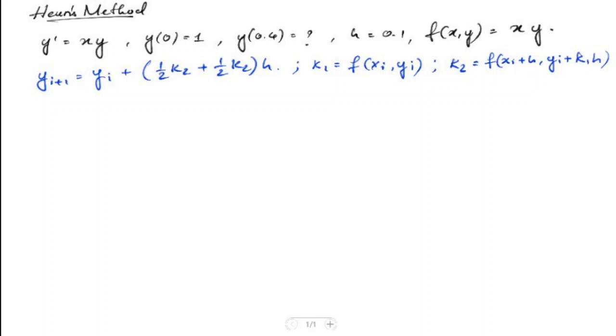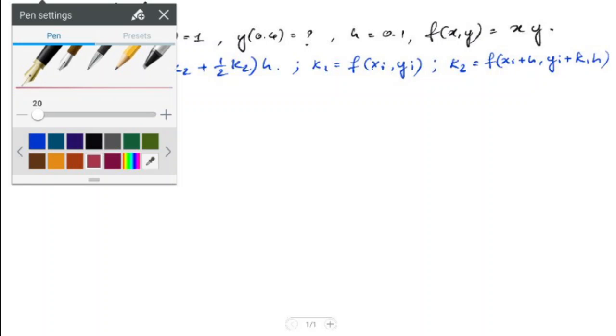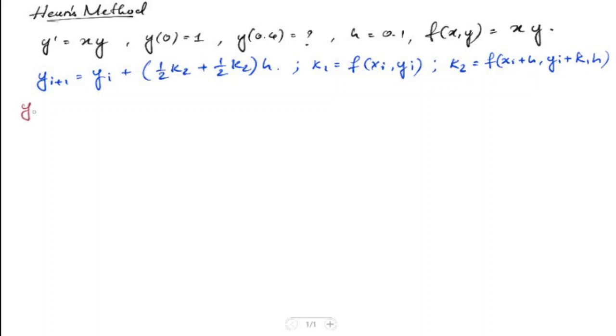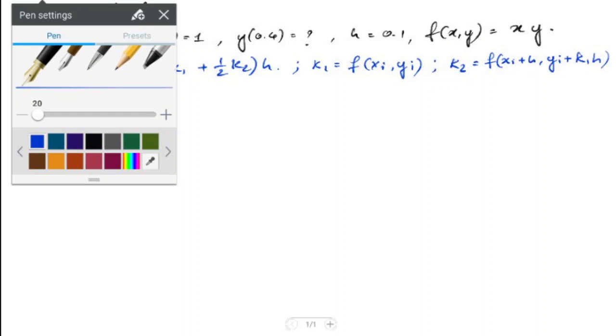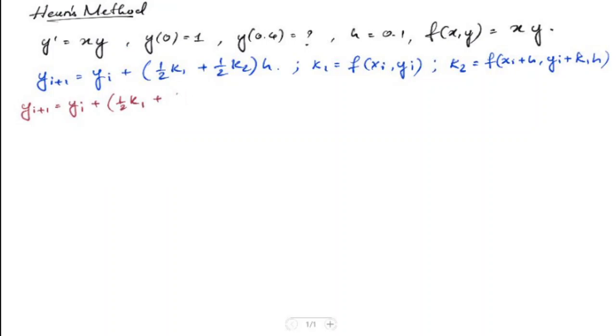So now if we place the values that we already know here, we'll have y i plus 1 equal to y i plus 1/2 times k1 plus 1/2 times k2, times h.